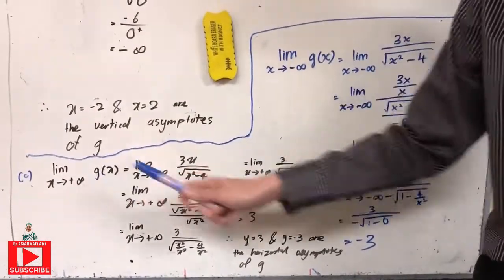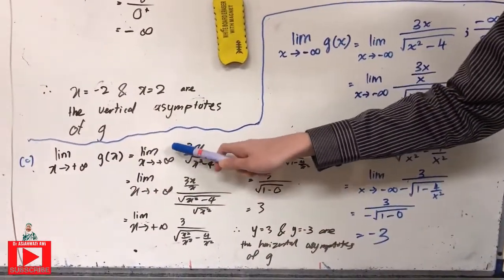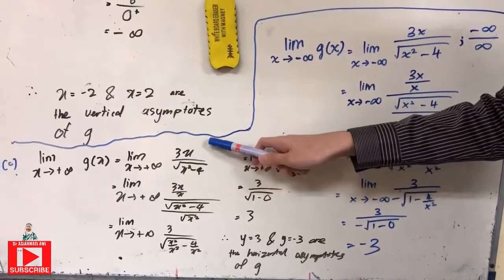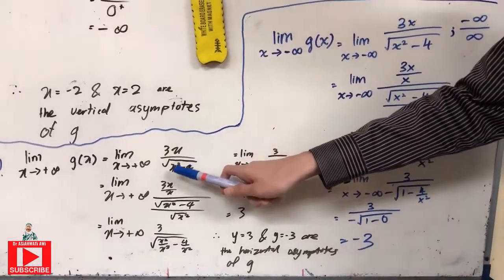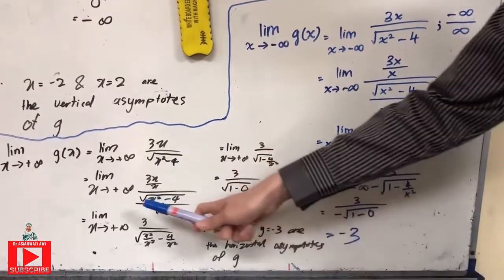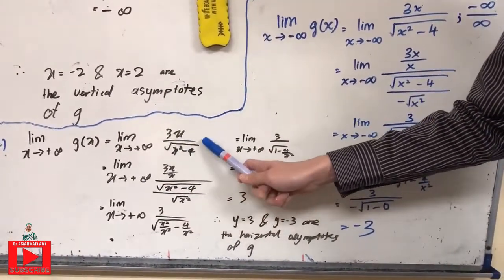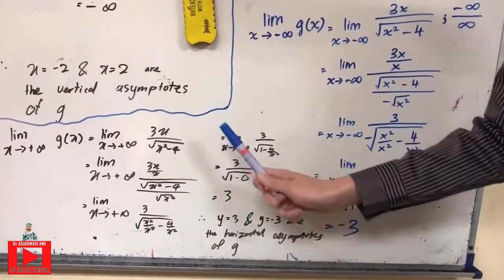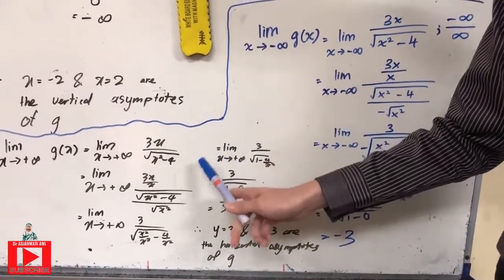And for question C, the question wants us to find the limit of g(x) as x approaches infinity. So it also equals the limit as x approaches positive infinity of 3x over the square root of x squared minus 4. First of all, if we directly substitute positive infinity, it will become the indeterminate form, which is infinity over infinity.